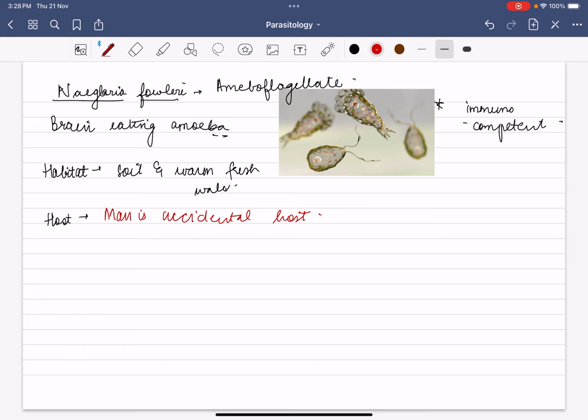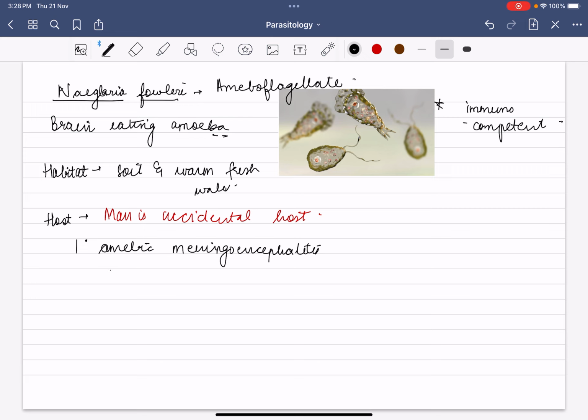How does it go inside? It goes through the nose. So via the nose, it goes to the cribriform plate, to the meninges, and then what it causes is called primary amoebic meningoencephalitis.